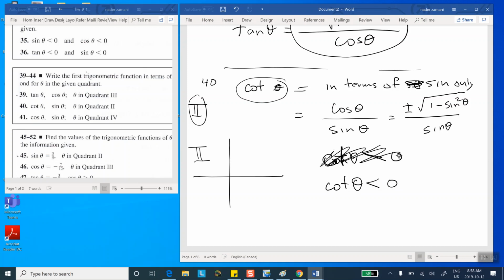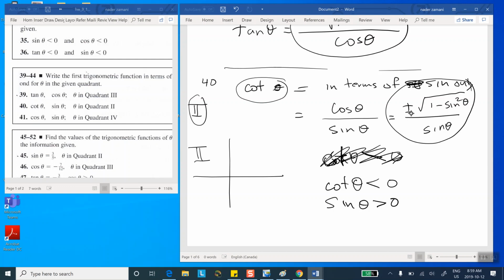Because we are told that we are in quadrant 2, cotangent is negative, but over here you can see that sine of theta is a positive number in quadrant 2. That means the sign must be picked so that the entire fraction becomes negative.